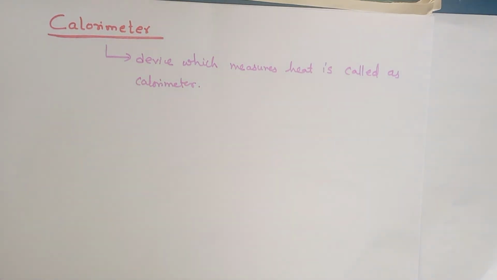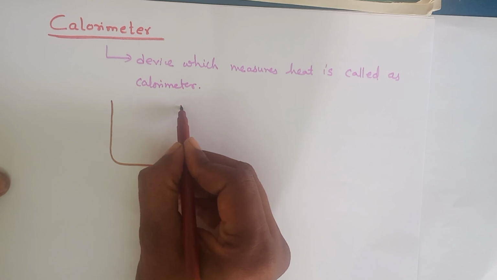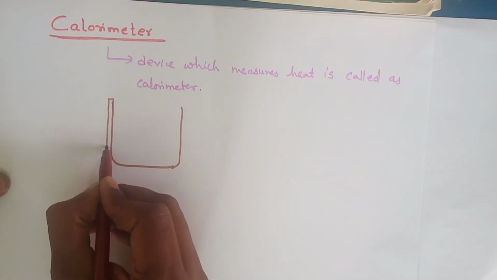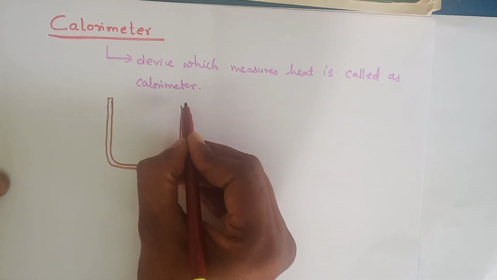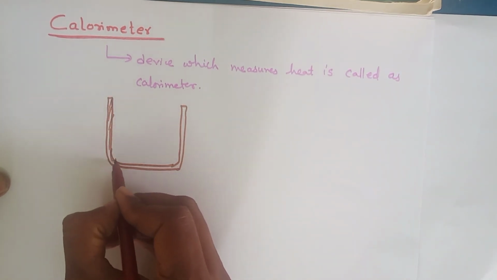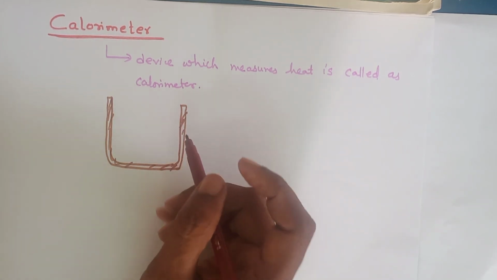Right? Now, how is the calorimeter constructed and what are the contents there? See, this is a vessel made up of copper material, or aluminum or some other material. Generally copper is used.